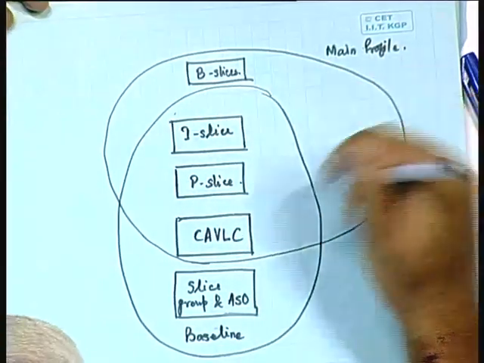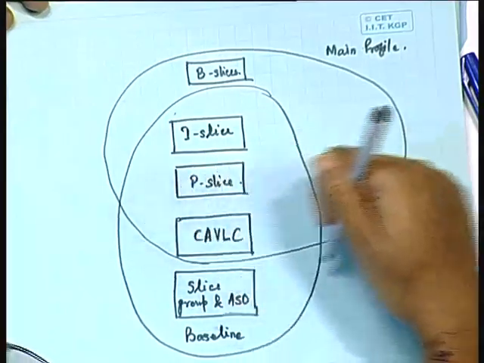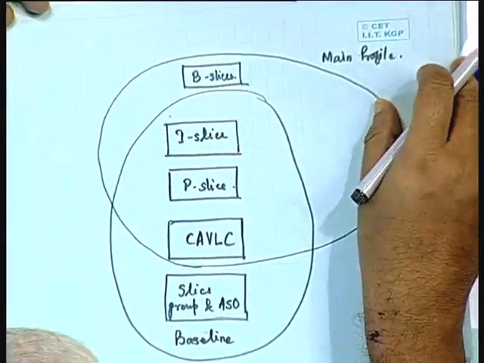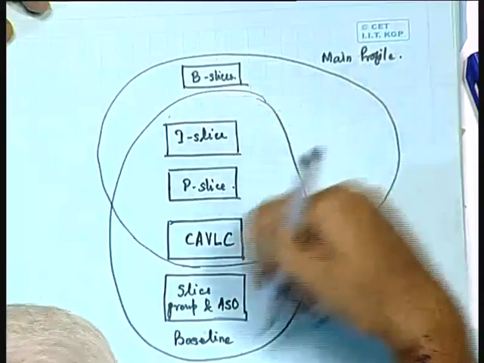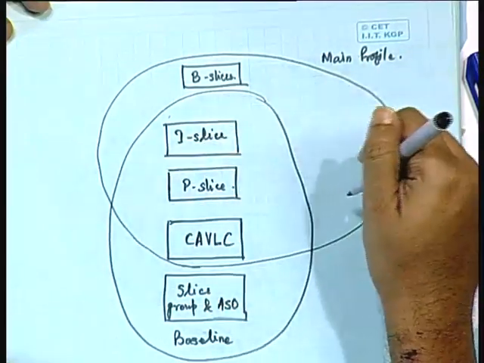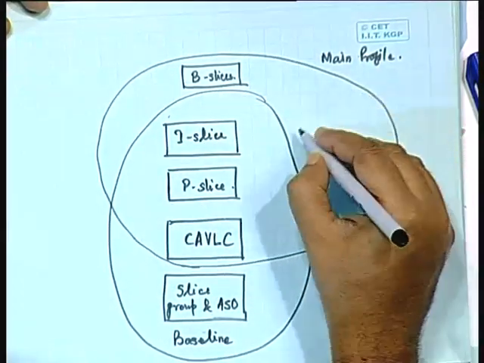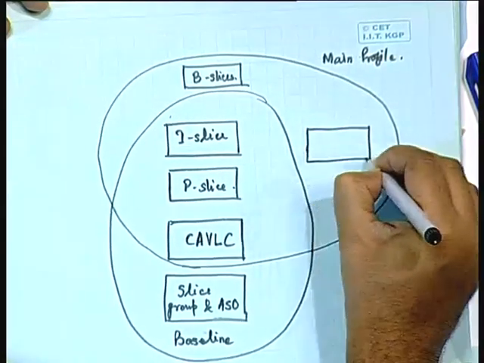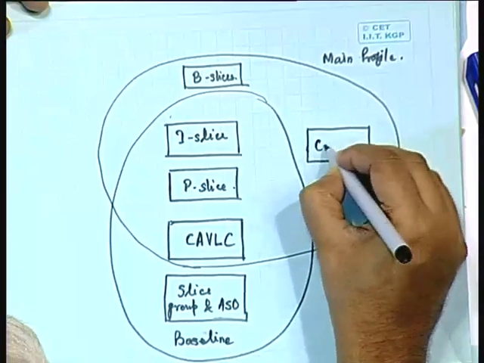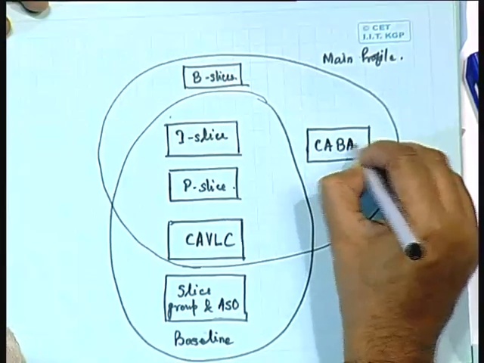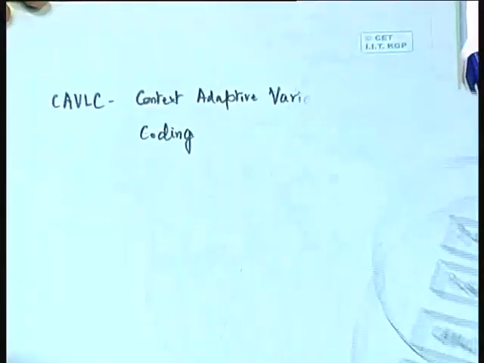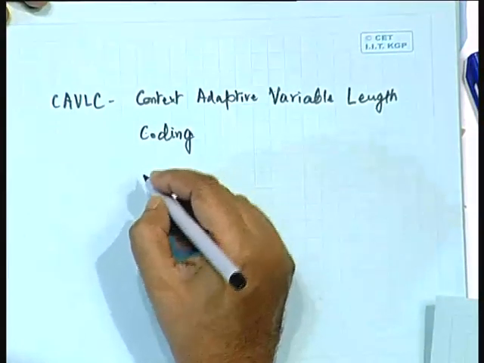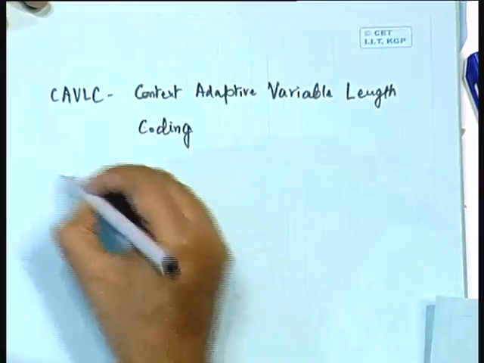And in addition to CAVLC, which is already covered in the baseline profile and is included in the main profile, we have another entropy coding scheme, referred to as CABAC, and the full form of CABAC is context based arithmetic coding.